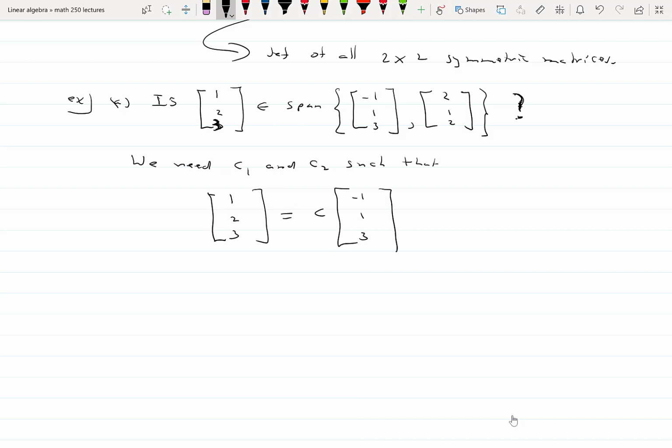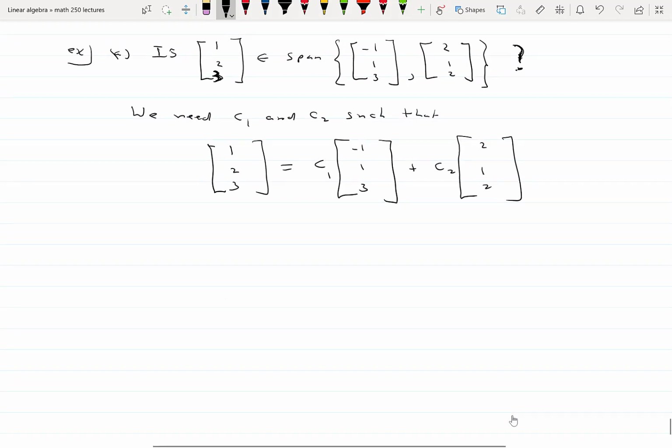The span of a set of vectors contains all the linear combinations of the vectors. So if I want some particular vector to be in there, I need to find real constants C1 and C2 such that the vector equals C1 times the first vector in the span plus C2 times the other.